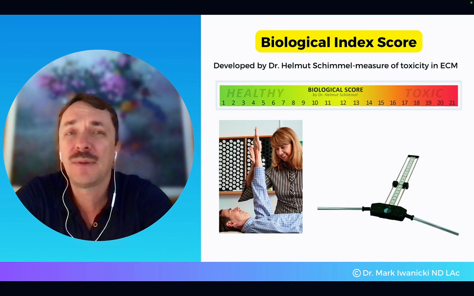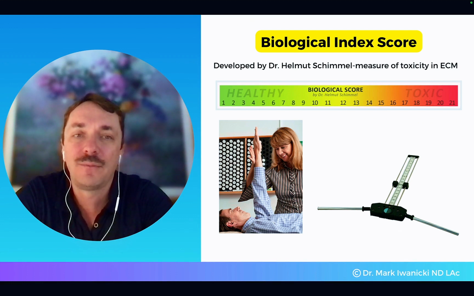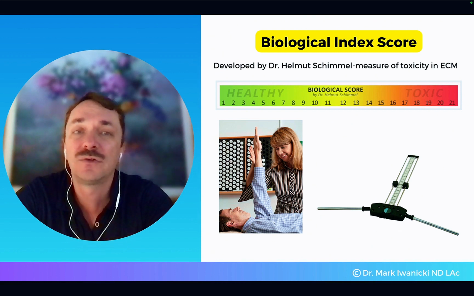So again, the biological index score is a score developed by Dr. Helmut Schimmel, a German scientist, that basically looks at a scale between 1 and 21 as the average total toxic body burden for the patient. So we want to get from higher and higher levels to lower levels. When we're seeing toxic high levels, we're dealing with chronic disease.